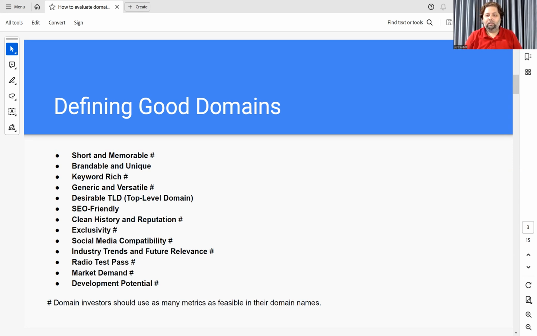That means it doesn't pass the radio test. No brand should have these kind of domain names which you cannot announce on radio.